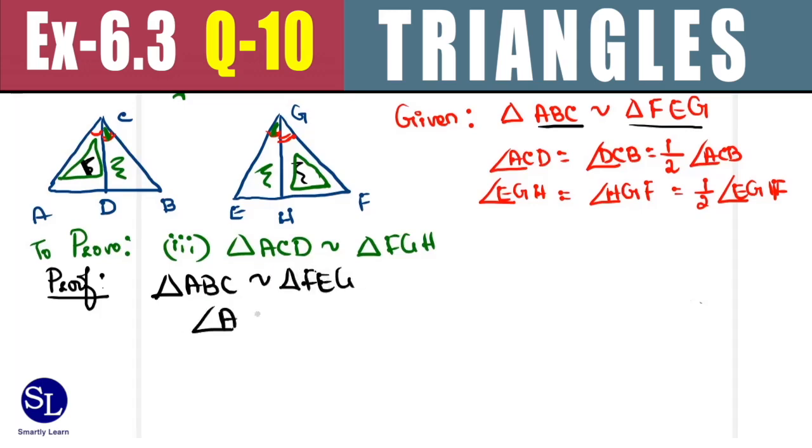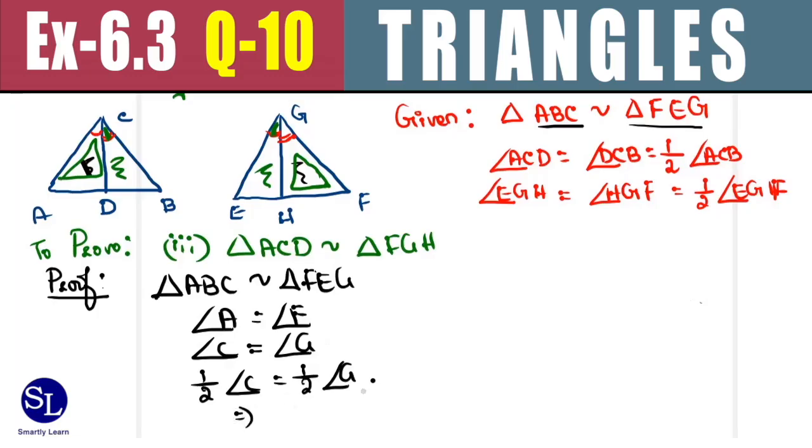So angle A is equal to angle F. Angle C is equal to angle G, which means half of angle C is equal to half of angle G. You can also write this in three-angle notation: angle ACD is equal to angle FGH.